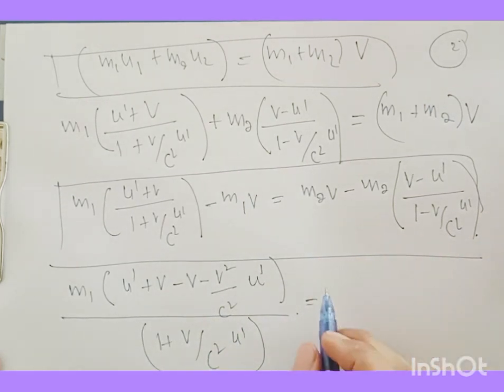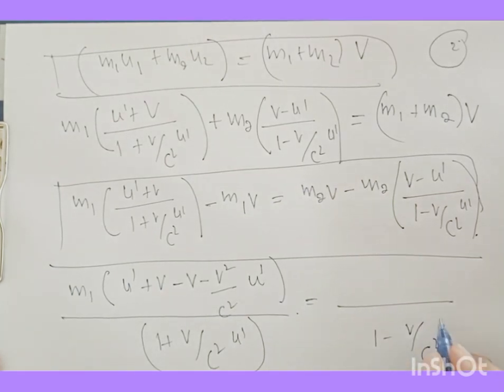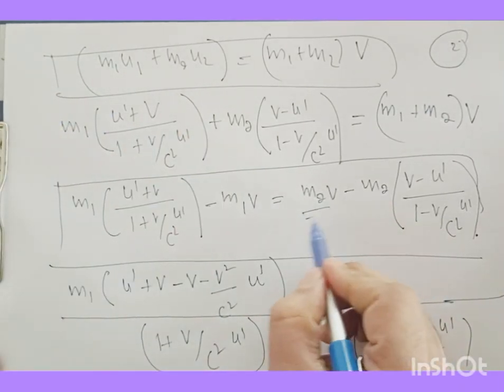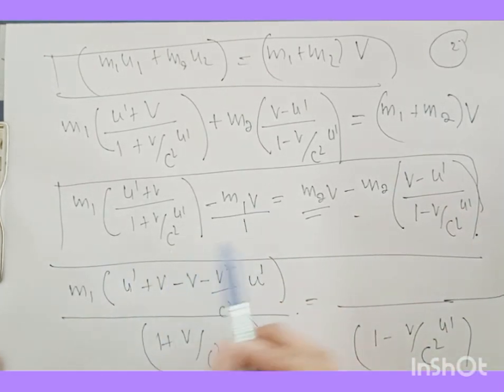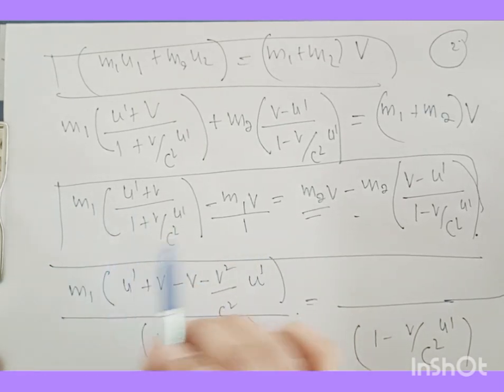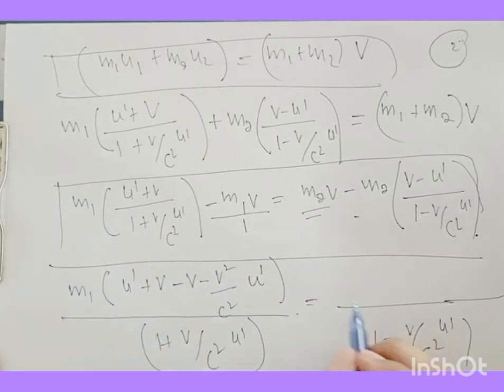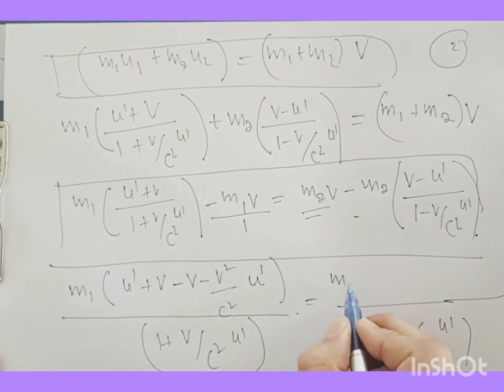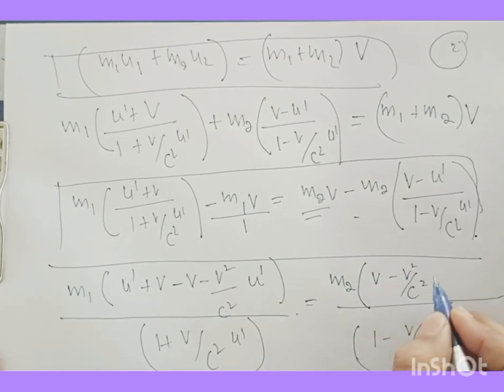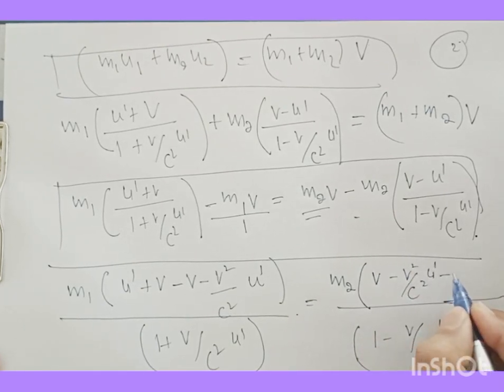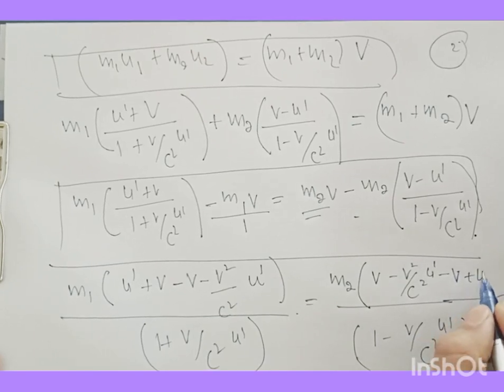From this side, the LCM will be 1 minus v/c² u', and then you multiply this term with this, and then minus this. The same thing is here, divided by 1. We have the LCM, so we have multiplied this with this, and this with this, and taken m1 common. So the same thing we are going to do here. We will have m2 outside, and inside we'll have v minus v²/c² u' minus v plus u'. All right, so this should be the case.